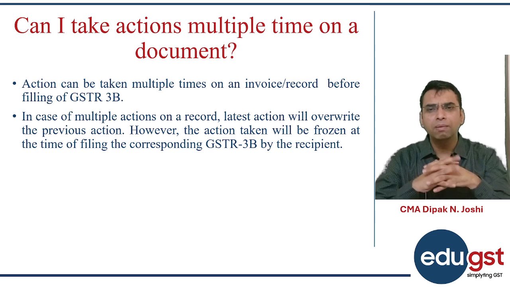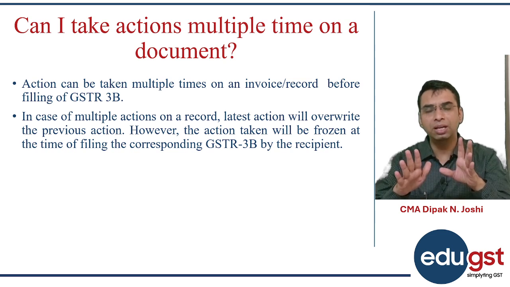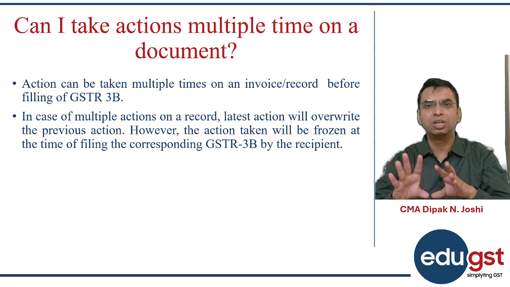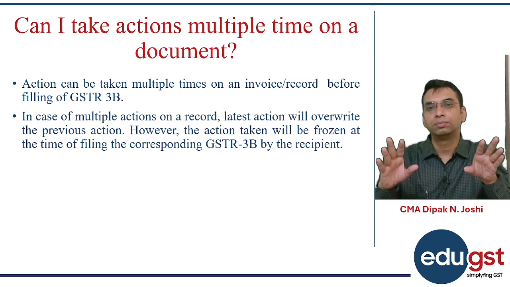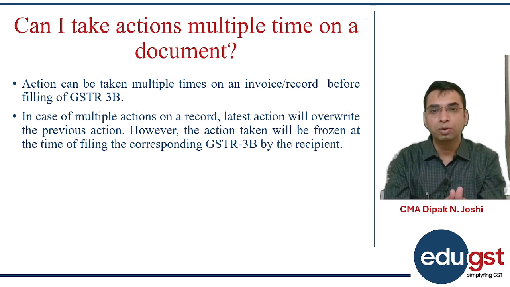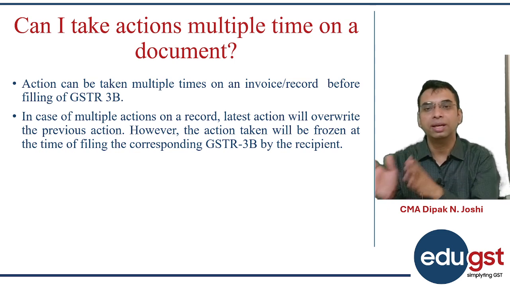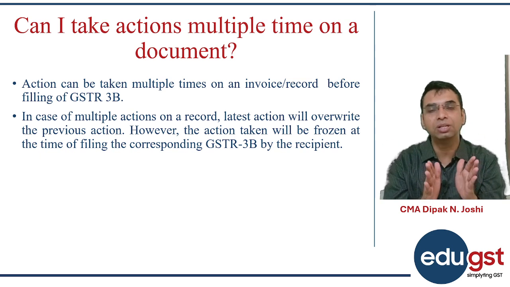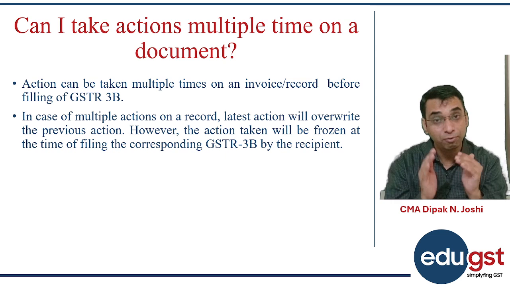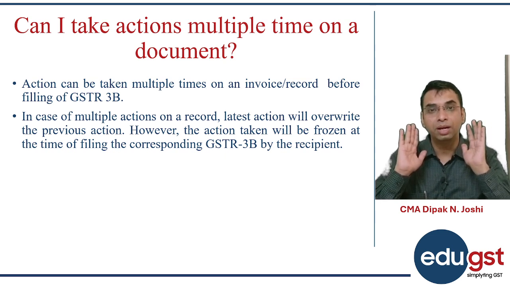Can I take action multiple times on any document? As I mentioned earlier, till filing GSTR 3B, number of times you can change the action and the latest action will be replaced on the existing action. So multiple times you can take the action on the invoice or record before filing GSTR 3B, right?